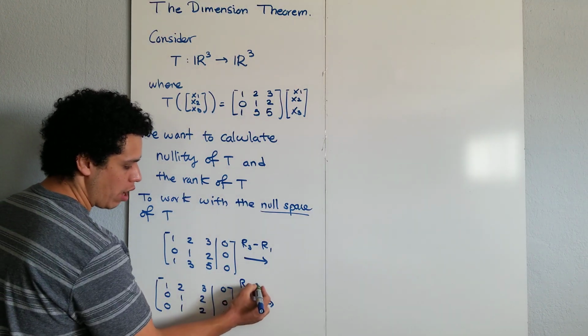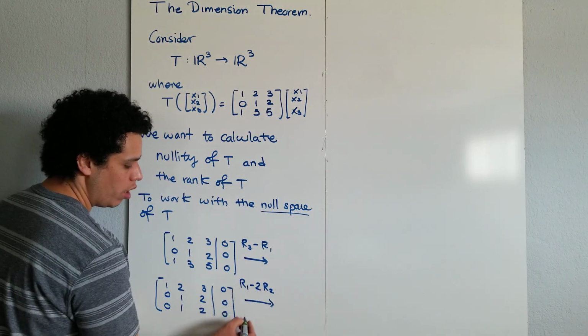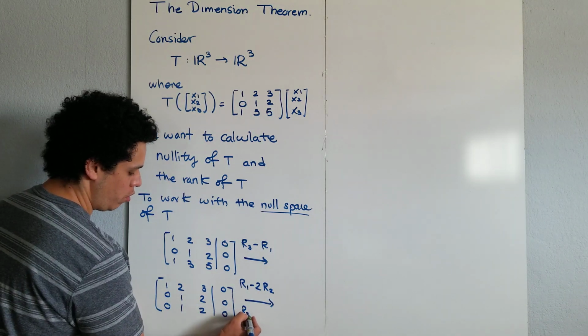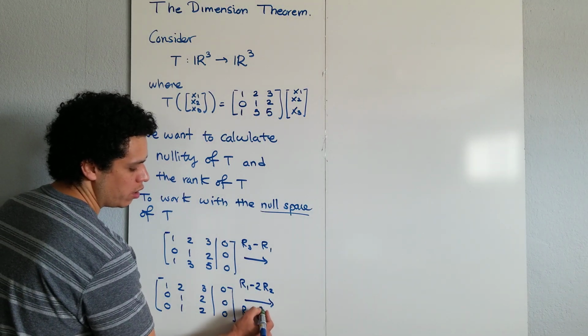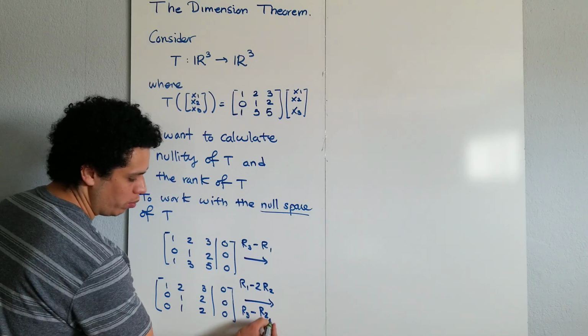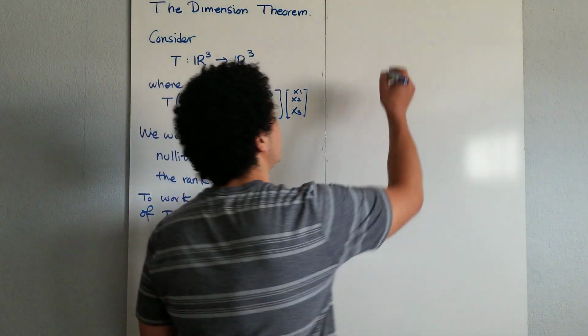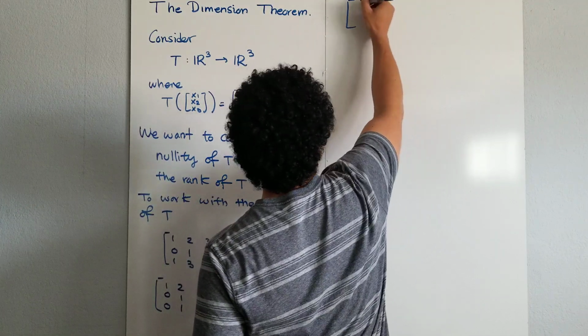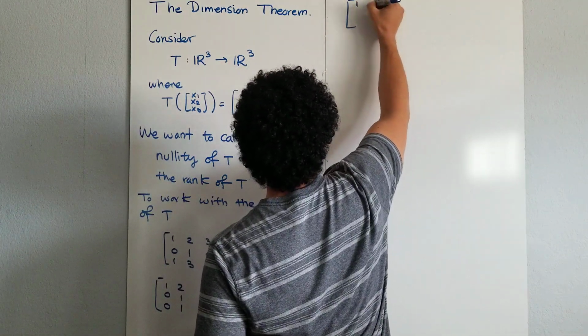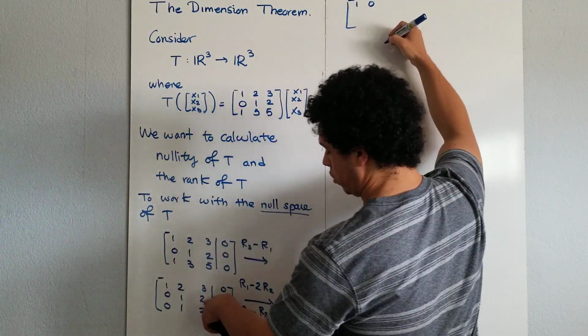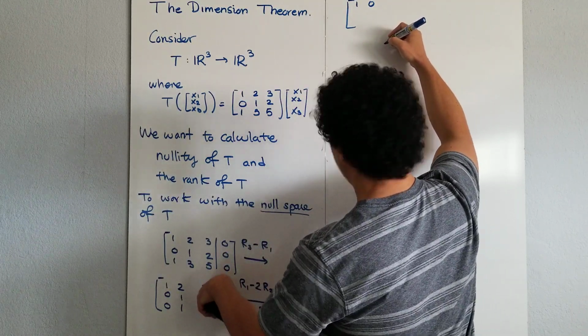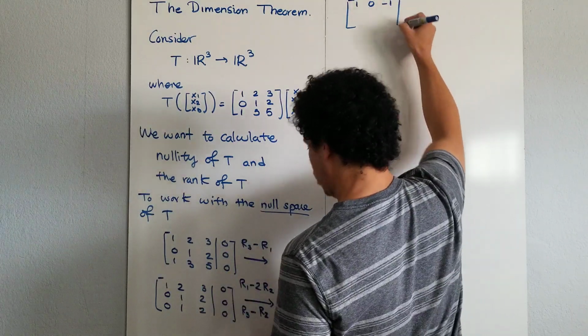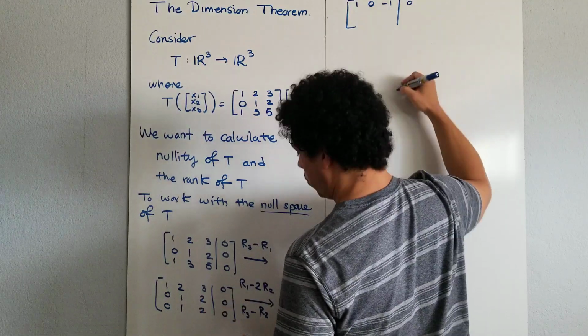I'll have that to row 1, I will subtract twice row 2, and to row 3, I will subtract row 2. And after that, we'll see the following reduction. It's 1, 0, 2 times 2 is 4, so this one becomes -1. This one stays as 0.